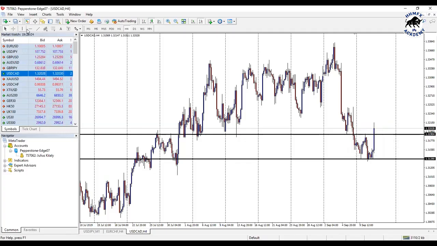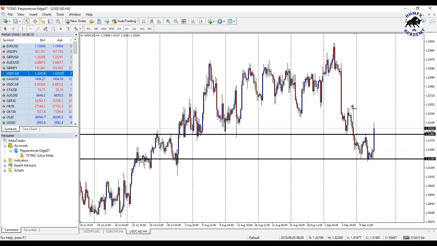So let's keep moving, guys. Where do we find another resistance? Remember, if we are looking for another resistance, we just look where there is any rejection of the market in the previous market.